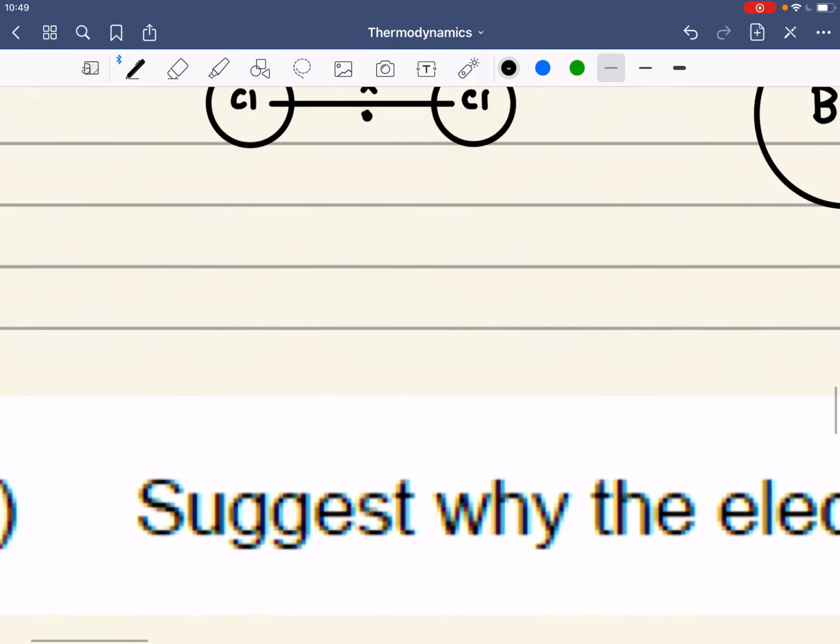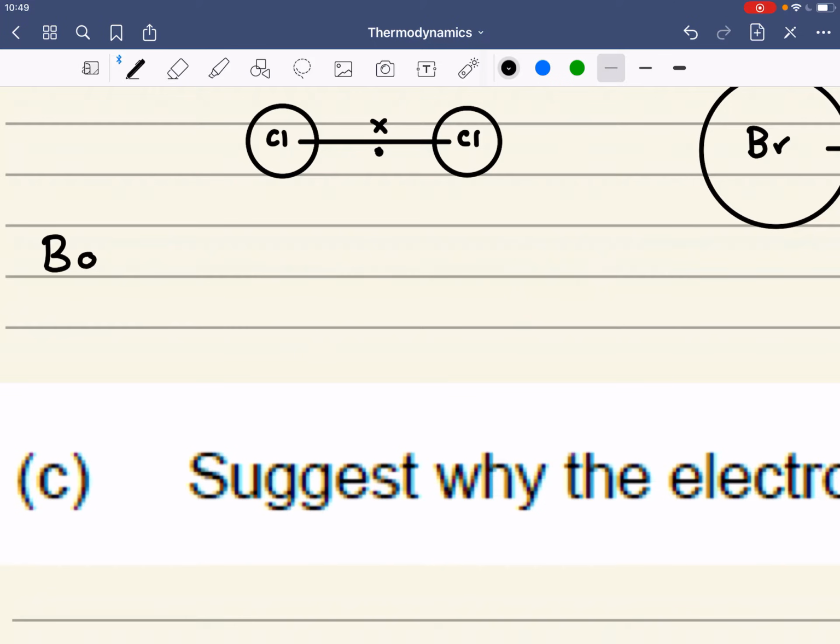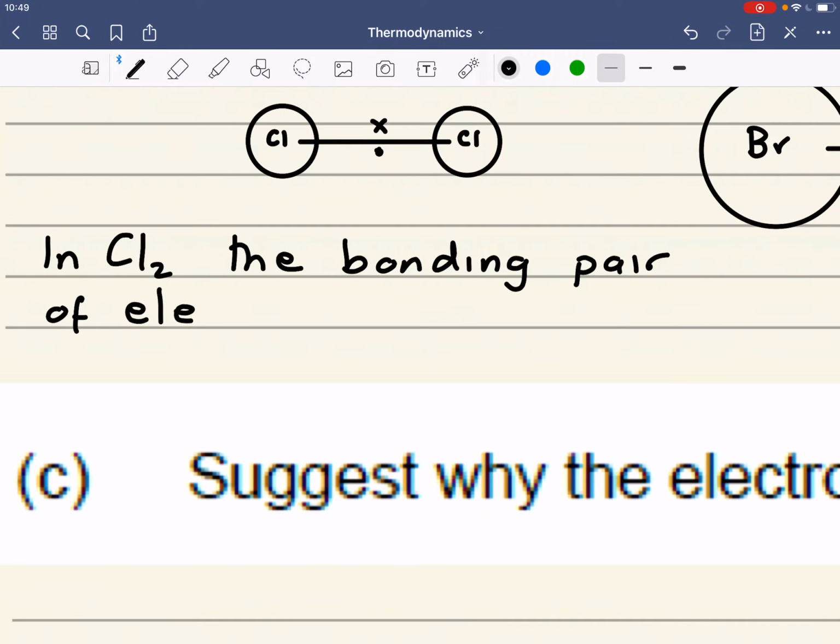So the answer would be in chlorine, the bonding pair of electrons are closer to the nucleus.